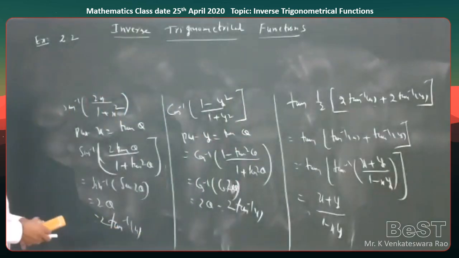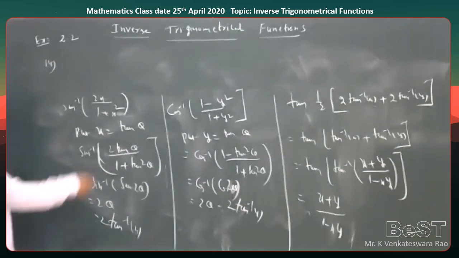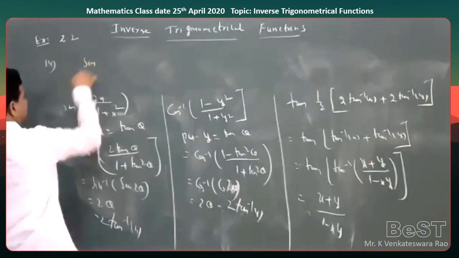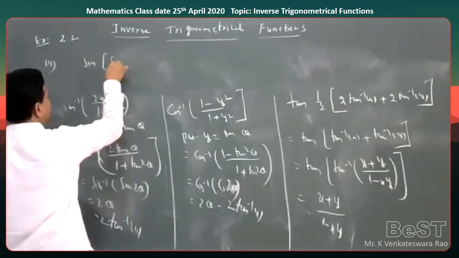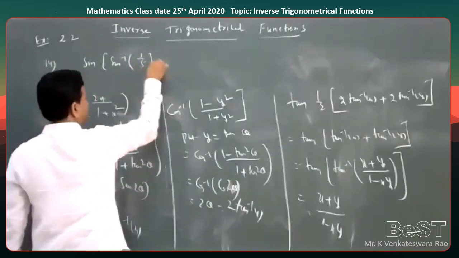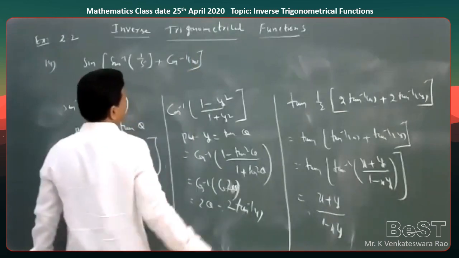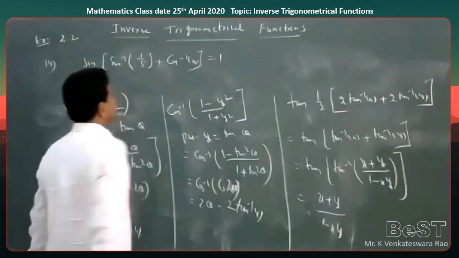Next problem, 14th problem. Sine of (sine inverse of 1 by 5 plus cos inverse of x) is equal to 1.